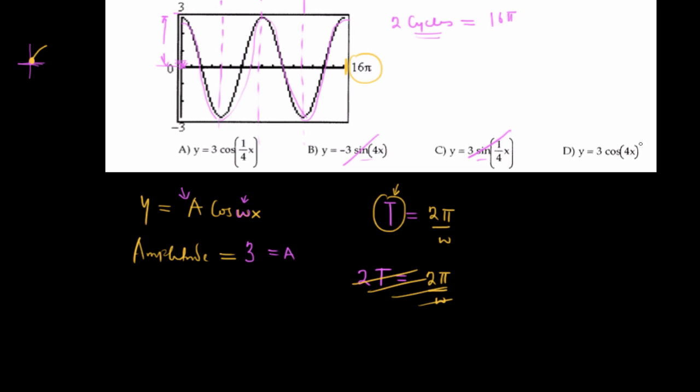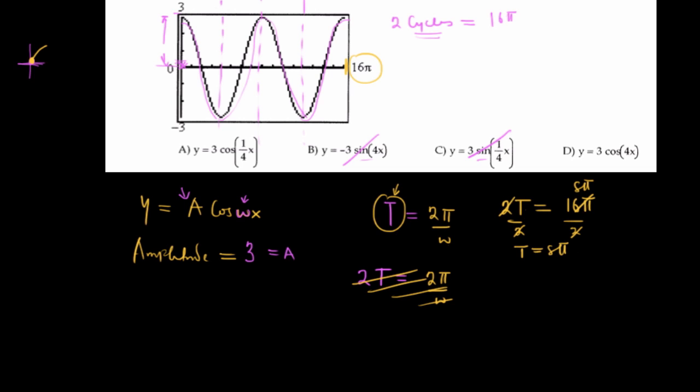What I meant there is this: 2t, that is 2 times the number of cycles you have, equals 16 pi. So our aim is to find t. To find t, you divide both sides by 2. So this is going to be 8 pi. So your t is going to be 8 pi.